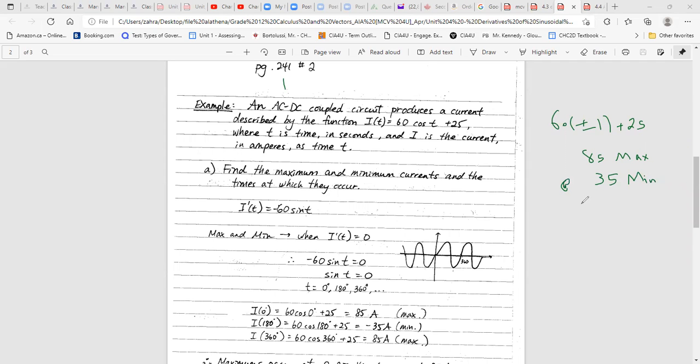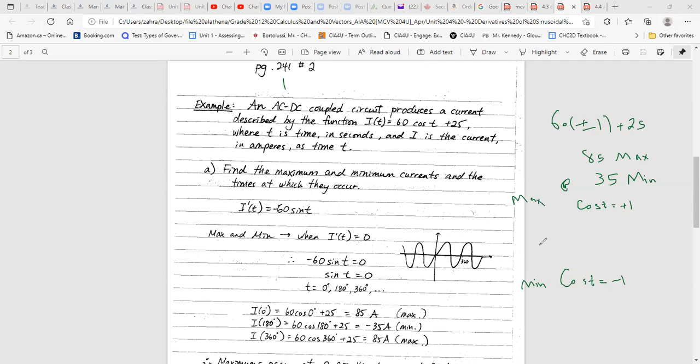This is one way to do it: cosine t equal to 1 gives the maximum, and cosine t equal to negative 1 gives the minimum.